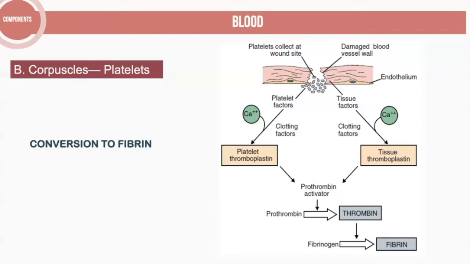This release of clotting factors, with the aid of calcium ions, will initiate the conversion of inactive prothrombin to its active form, which is thrombin. Thrombin will then catalyze the conversion of the inactive fibrinogen to fibrin. So again, as we can see here, the activation of fibrin takes several steps.